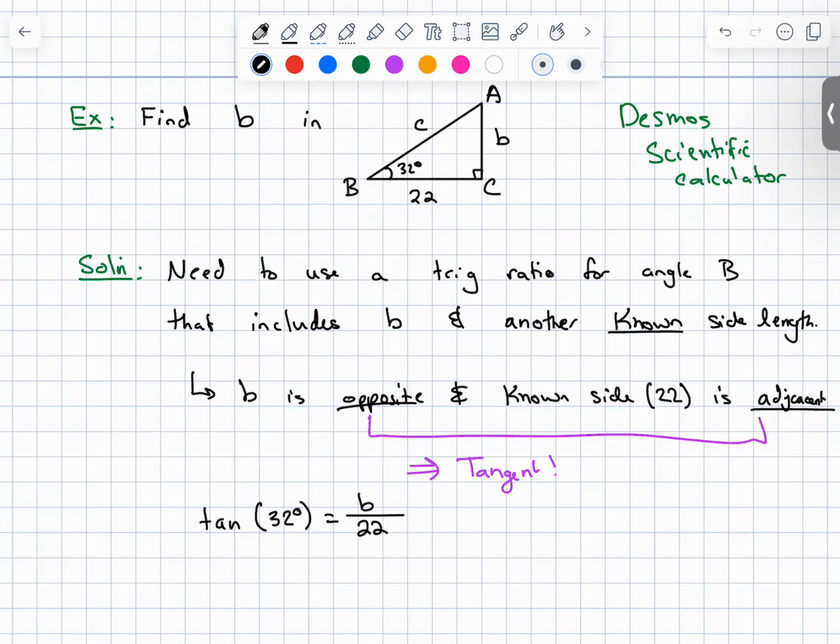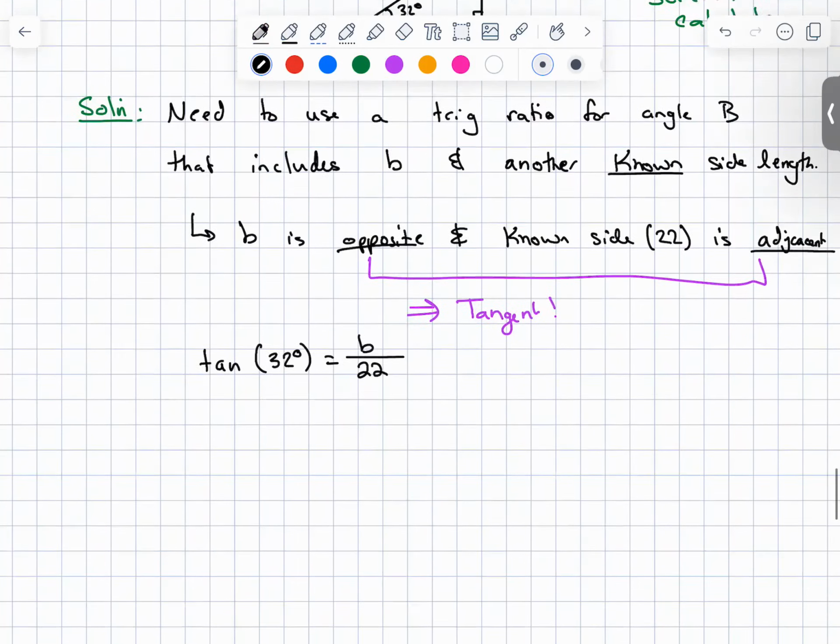Now, one thing we have to know, and this is how I will solve it, but you're welcome to do it in whatever way you want. Tangent of 32 degrees is going to be a number. It's going to be an irrational number, a really long decimal expansion. So there are two ways to solve this.